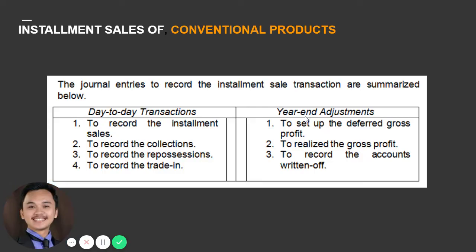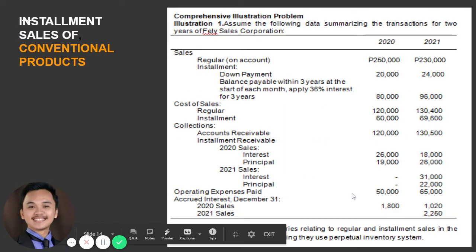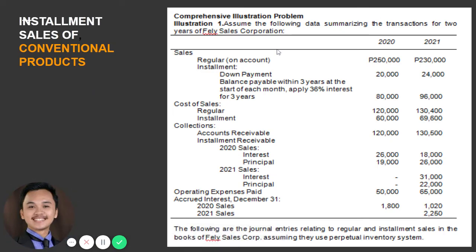And then, the year-end adjustments to be made in installment sales will be the setting up of our deferred gross profit, realizing the gross profit, and recording the accounts written off if there are any. Now, to facilitate further understanding of the concept of installment sales, let's use it in an illustration.